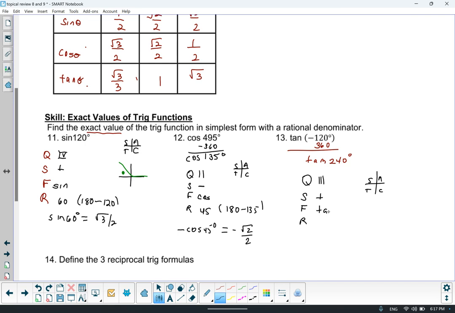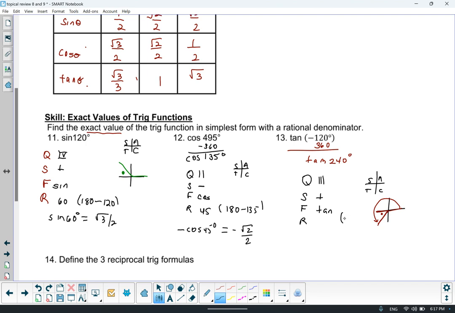The function is tan. And to get the reference angle, when you're in quadrant 3, I'm going to draw it out so you see it. So here's the angle. To get the reference angle, again, that's the terminal side with the closest portion of the x-axis.